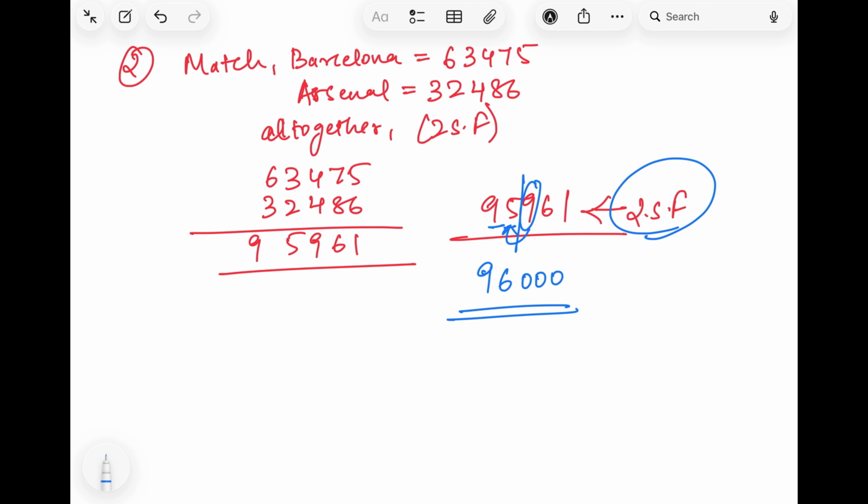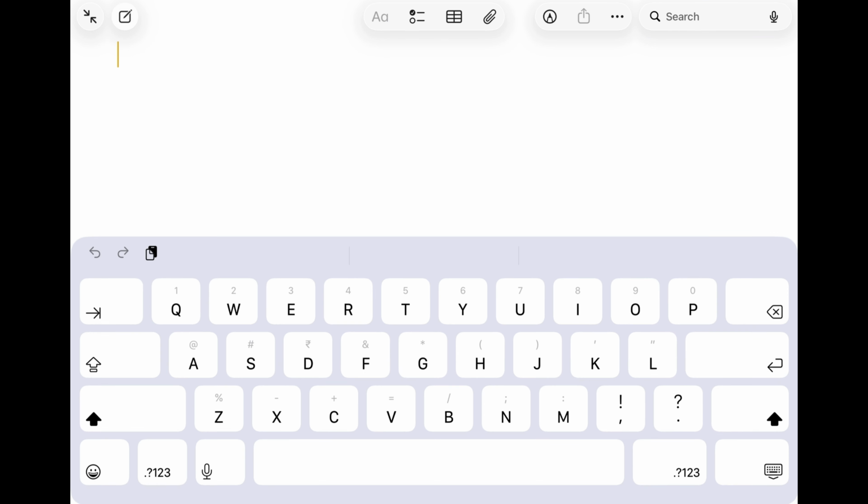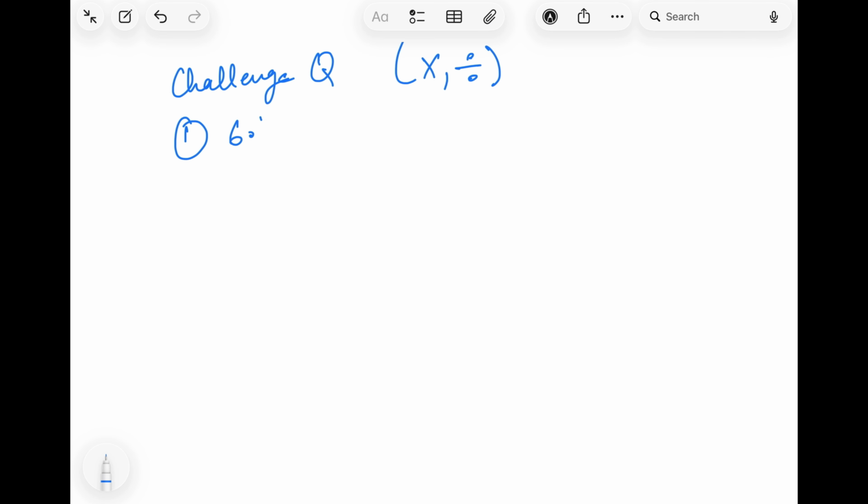Now I'll give you some challenge questions. Please solve these questions and post the answer below in the comment section. So the challenge question, you need to write only whether the sign is multiply or divide. Okay, for the first 3 questions. 6.7, then 0.1.